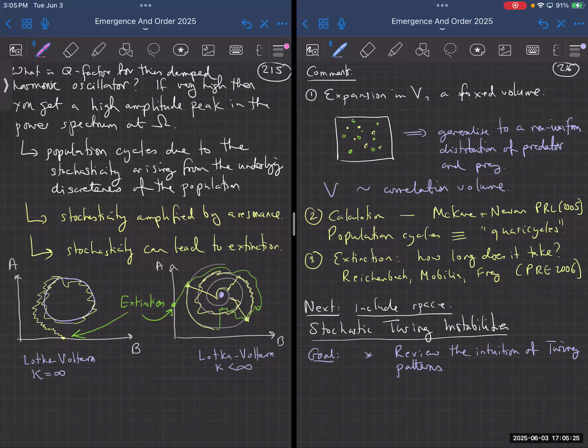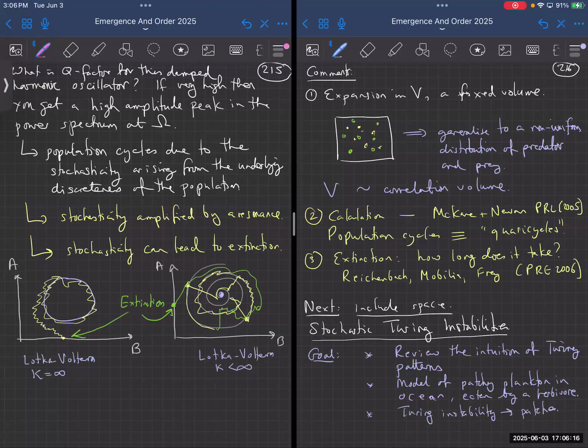And then, in particular, I'm going to introduce a model of patchy plankton in the ocean, and we're going to look at plankton that is being eaten by some herbivore. And we're going to see that this model has a Turing instability to form patches.